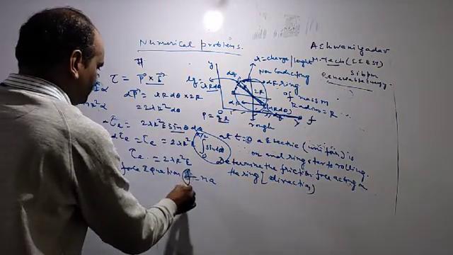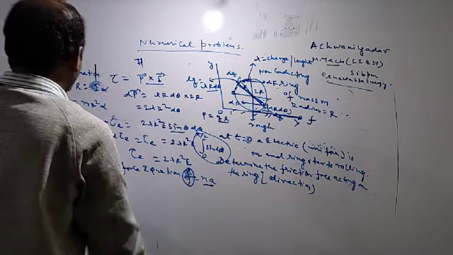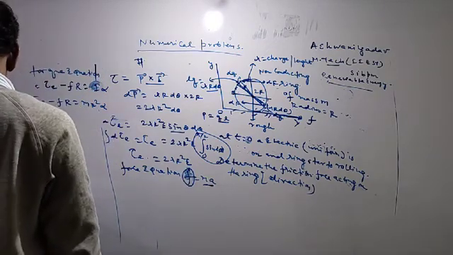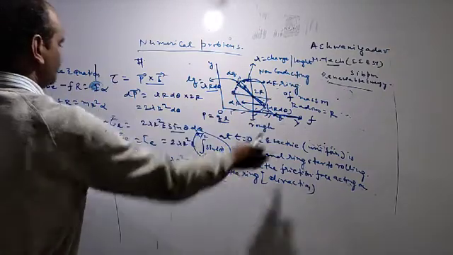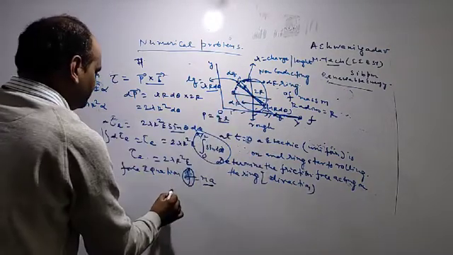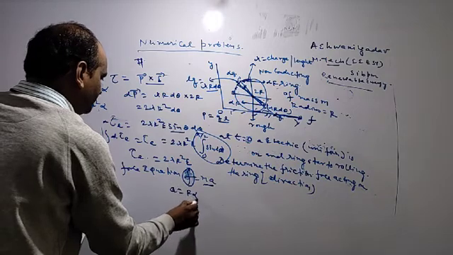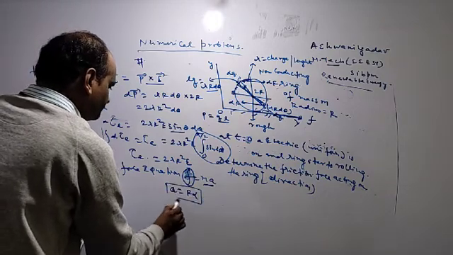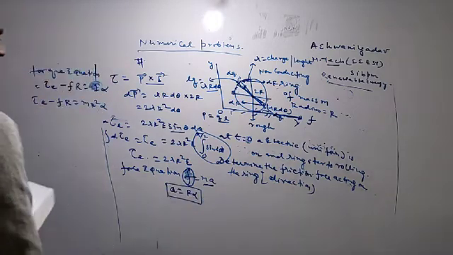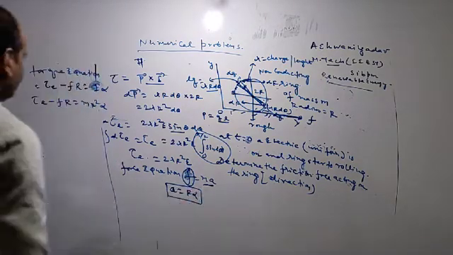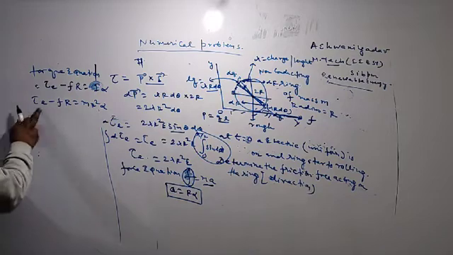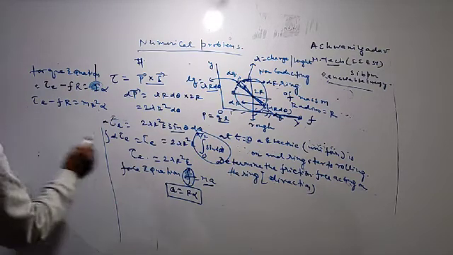We need to find the friction force, and this is equal to m a. And since it is making pure rolling motion, A is equal to R into alpha. This is the constraint equation for pure rolling.